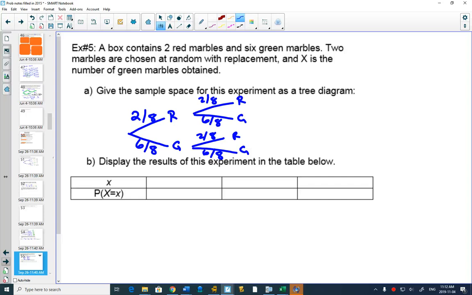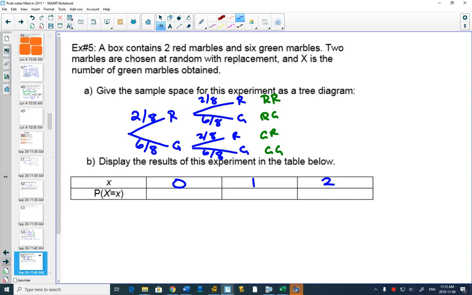Since you put them back, these are called independent events. So our sample space, we could get red and red, red then green, green then red, and green then green. If we let X be the number of green marbles, you could get 0 green marbles, 1 green marble, or 2 green marbles.